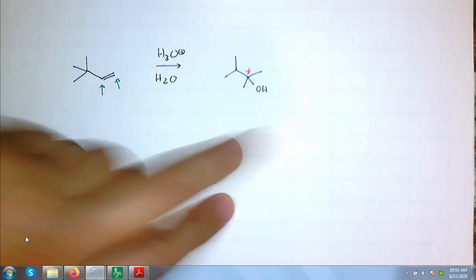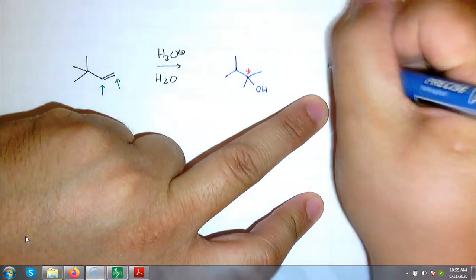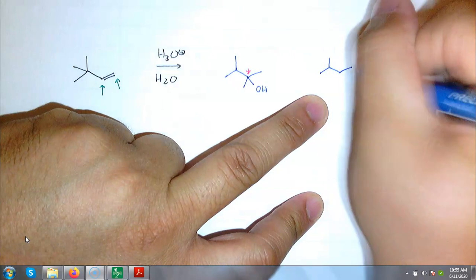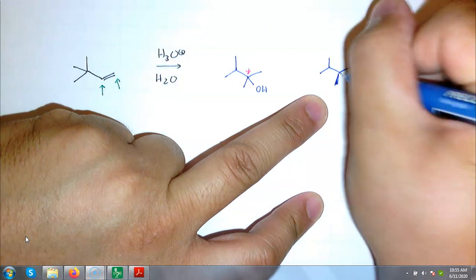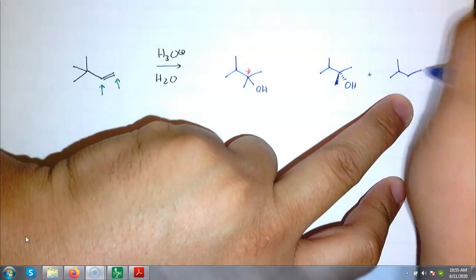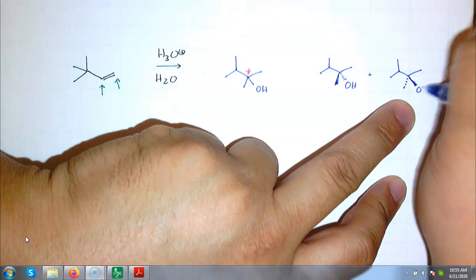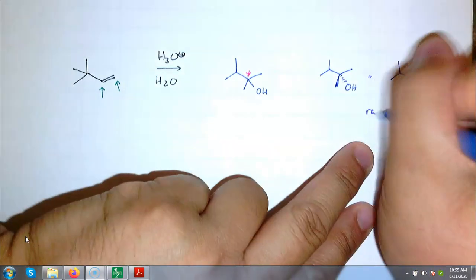Okay. And in actuality, your answer with stereochemistry would look like this. Enantiomers, 50-50. Racemic.